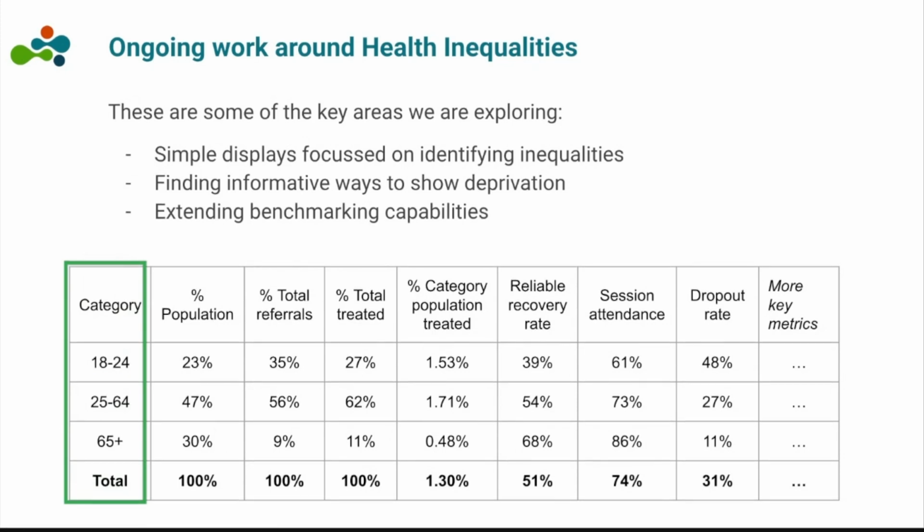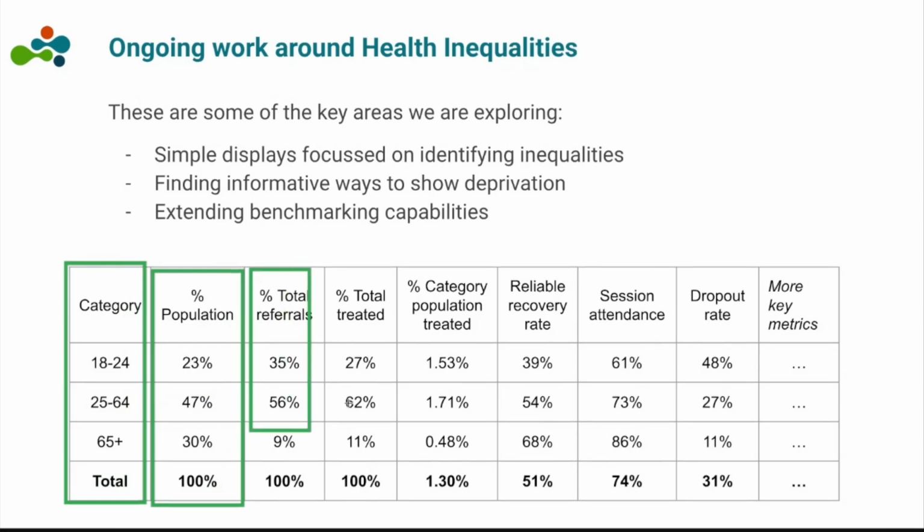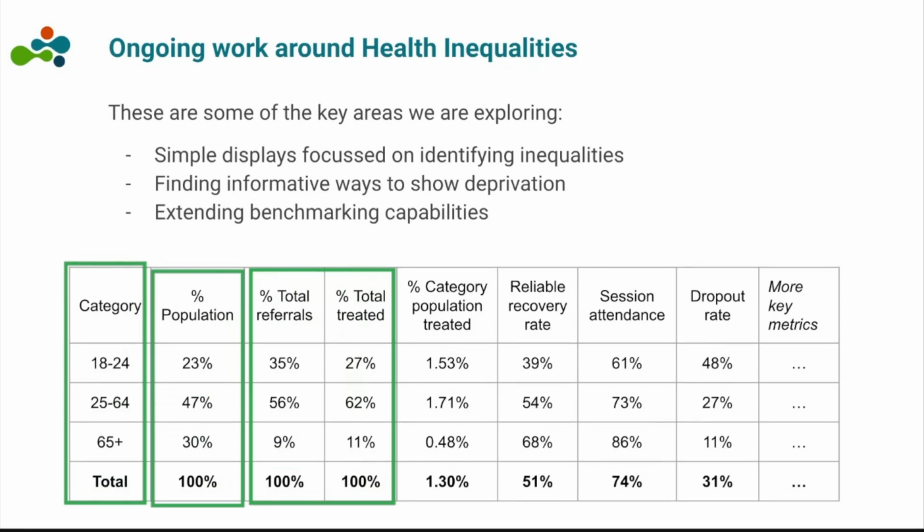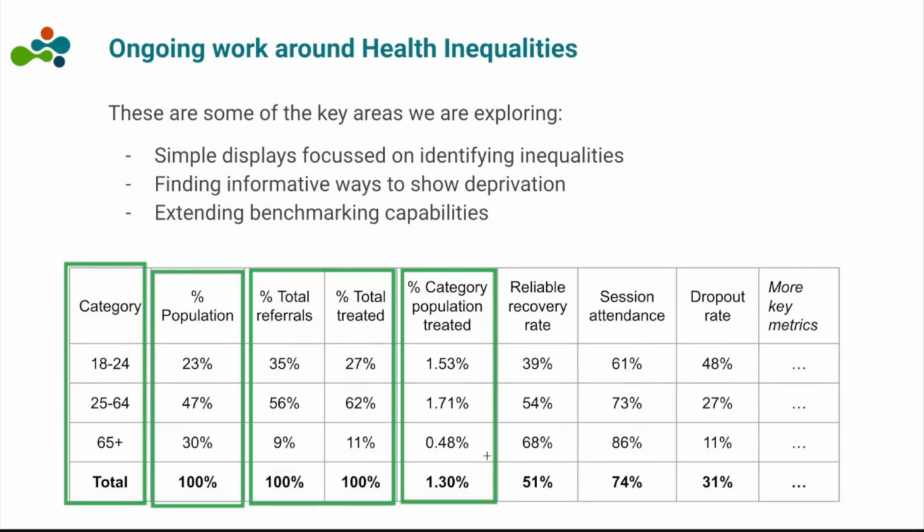So we've got the population data from the latest census. Then we've got some service metrics of percent of total referrals and percent of total treated. Then we've got something that's calculating based on the census data and your service data, looking at the proportion of the local population who have accessed the service in a given period of time.